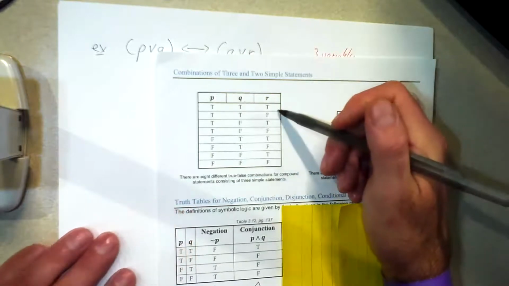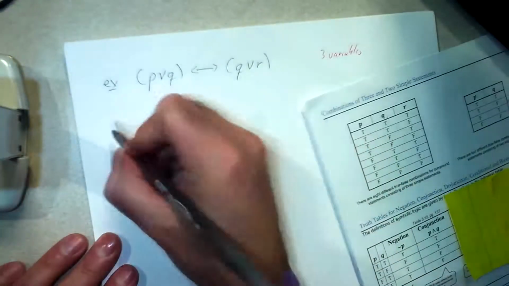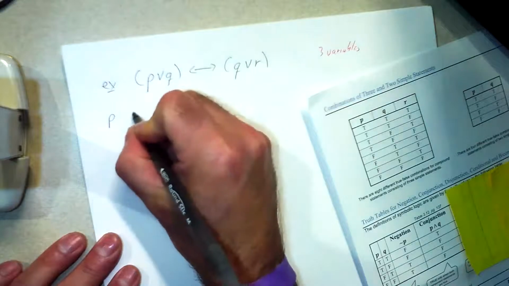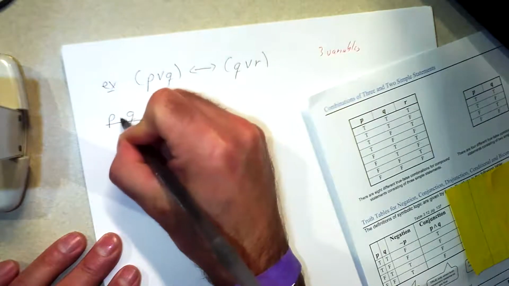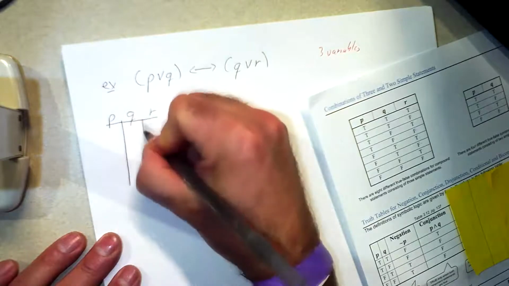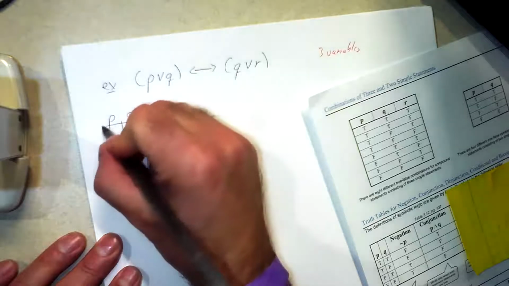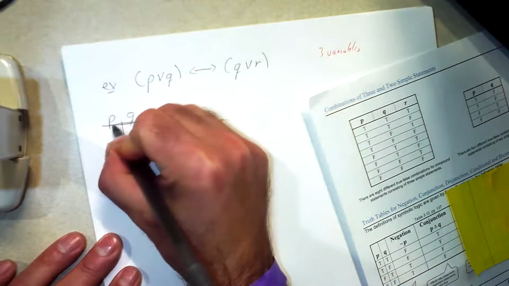That's how it works. So I'm going to copy my start: P, Q, R, and write down the results from the start.